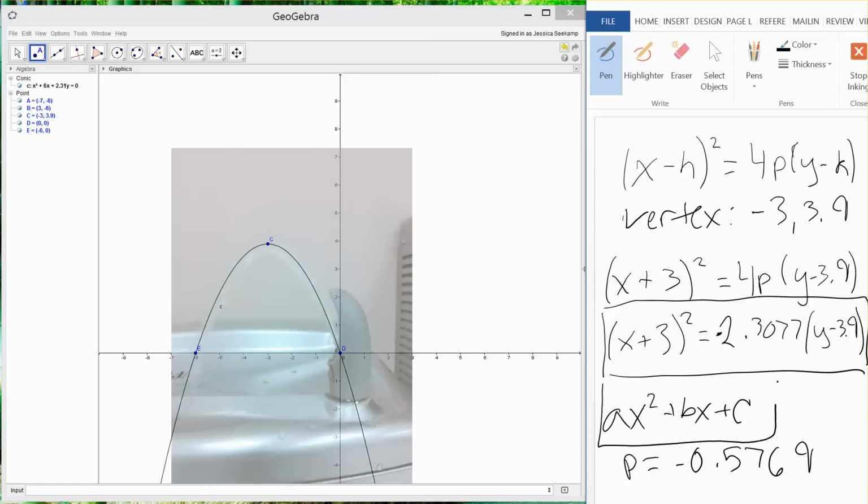To get it in that form, you just need to multiply this x plus 3 quantity squared out, multiply the -2.3077 times all of this, and get it into that form. It's supposed to be in y equals ax squared plus bx plus c form. Okay, not y squared, just y. So just multiply that out, do that algebra, and you should be able to get it in that form: y equals your x squared terms plus your x terms plus your constants. All right.